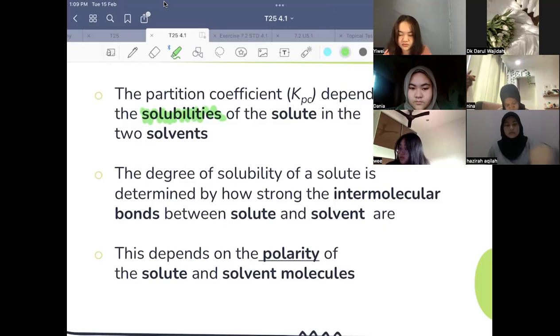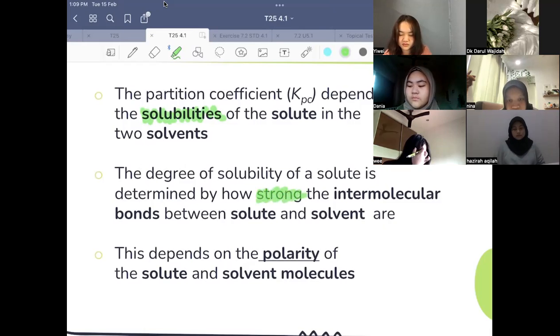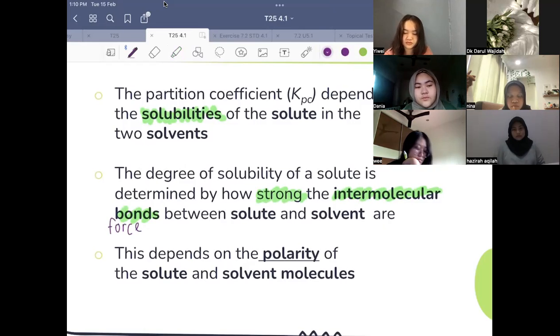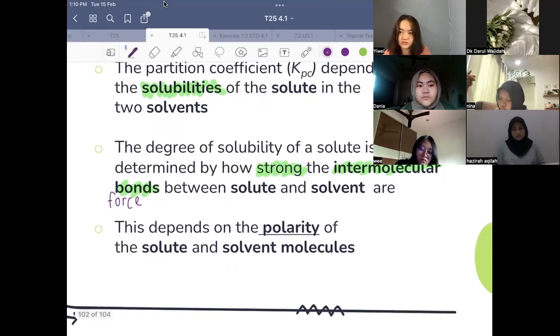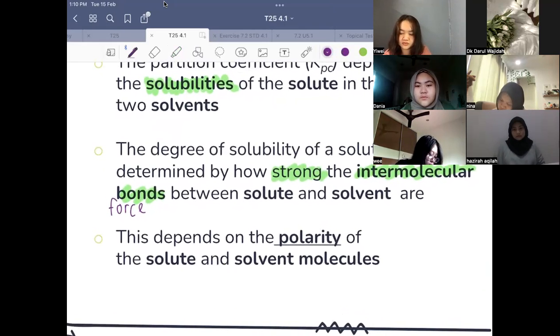Your solute must be able to dissolve in both layers. The degree of solubility is determined by the strength of the intermolecular bonds, or I think we're more familiar with the term intermolecular force. This depends on the polarity of the solute and solvent molecules, whether they are polar versus non-polar.